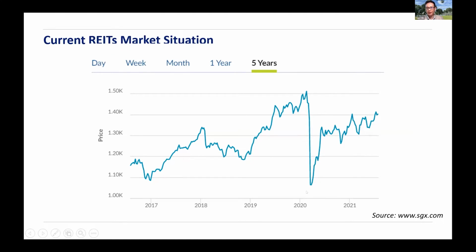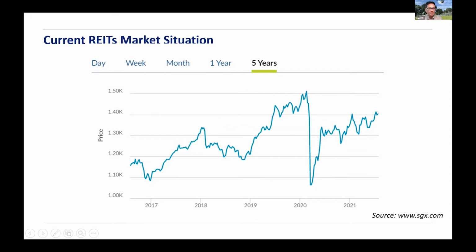Subsequently, the prices have recovered. The REIT sector is one of the earliest that recovered. But the one thing I want to stress here is this: it has not gone back to pre-COVID level yet. The price level for quite a number of REITs has not gone back to pre-COVID level.